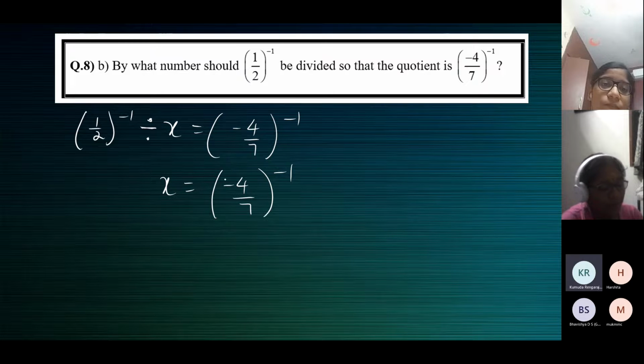You got the right answer, fine. In the first place, this is division. When it goes to the other side, it will go for multiplication. It can't go for division. If it is in multiplication here, on the other side it will go for division. If it's division here, on the other side it will go for multiplication. Just a second.